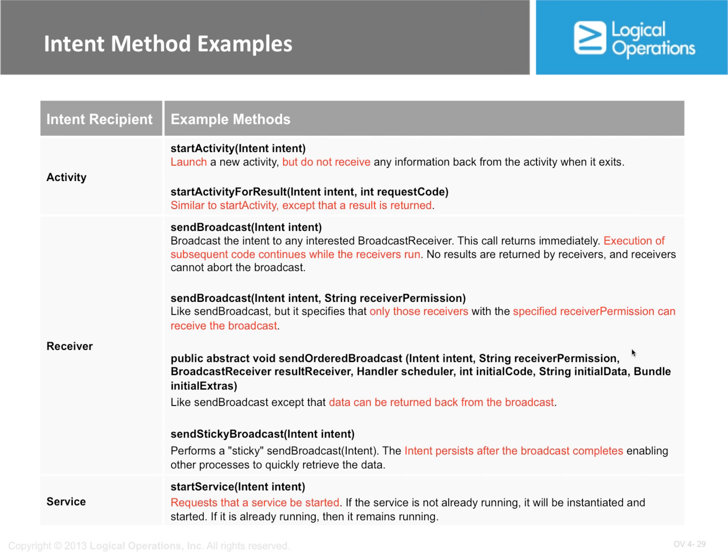So for the intent recipient, if it is a specific activity, startActivity in camel case is how you will launch the new activity. It does not receive any information back. It's fire and forget, versus a receiver, where you're looking for some sort of reciprocal action.